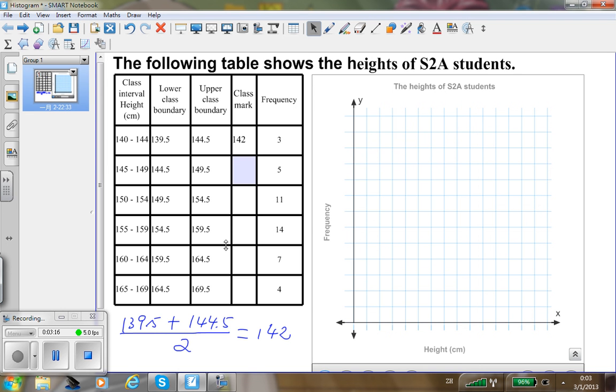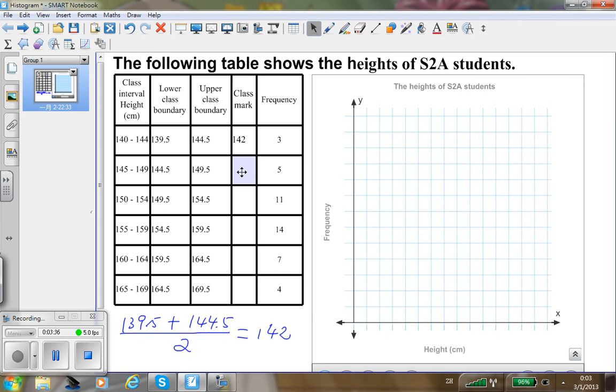Then we can continue to use a similar formula to find the class mark for the second class. We add 144.5 to 149.5, and then we divide the sum by 2.